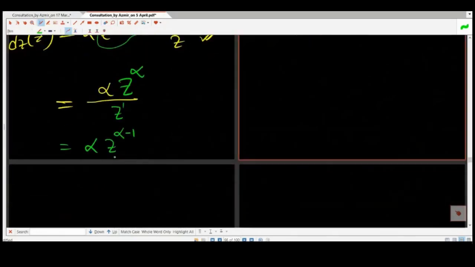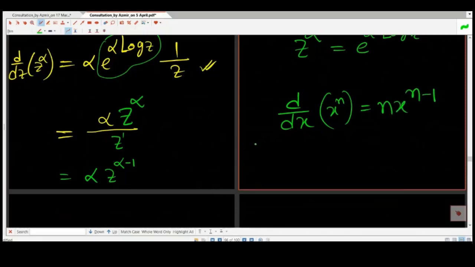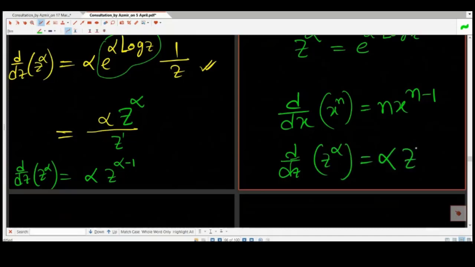So that means we can relate to our differential calculus: d/dx of x to the n is n x to the n minus 1. Similarly, here we can establish d/dz of z to the alpha is alpha z to the alpha minus 1. So this is done.